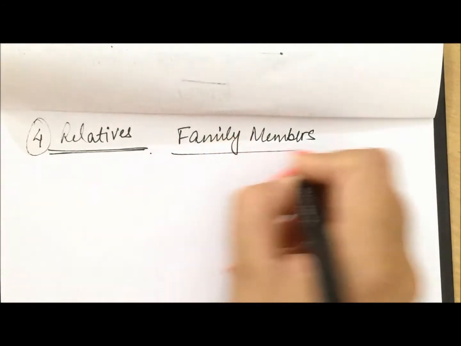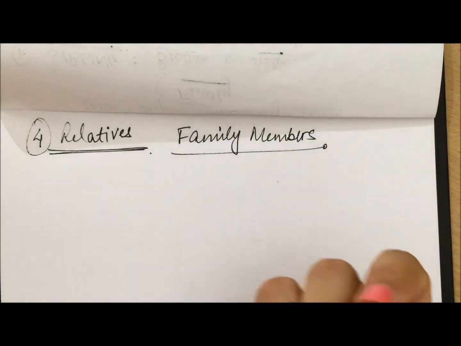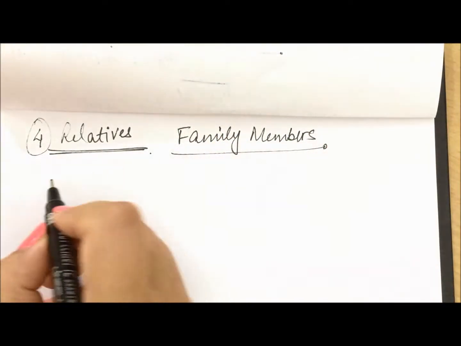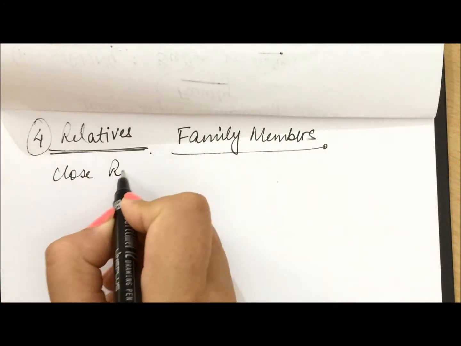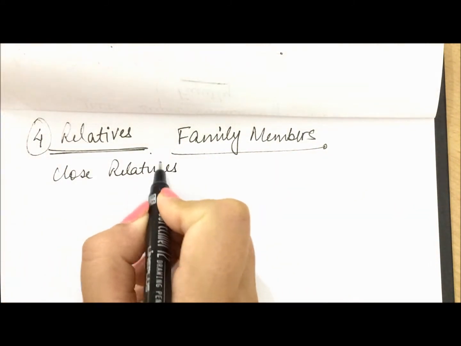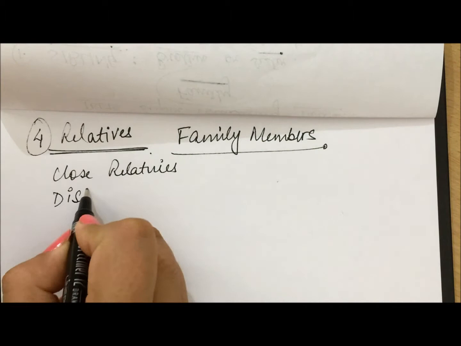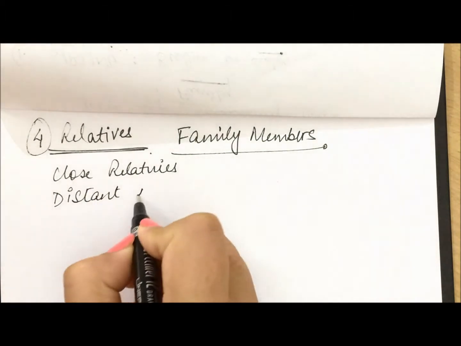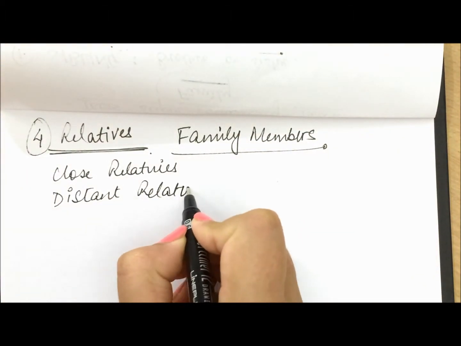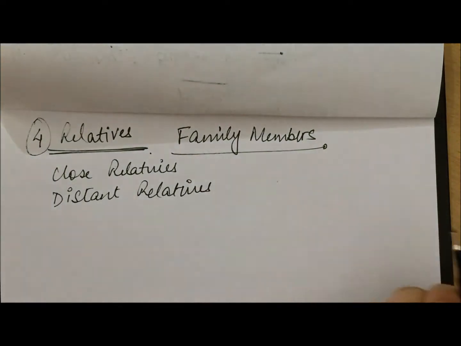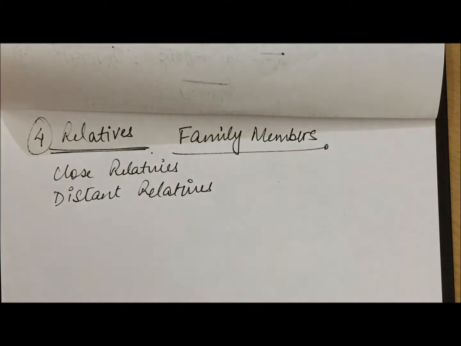But there are different ways in which we can use it. So relatives can be of many types. We can have close relatives. We can have distant relatives, people who are not close to us or not very closely related to us. However, we share blood with them, so they are distant relatives.